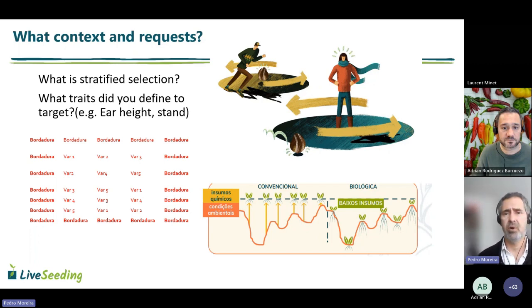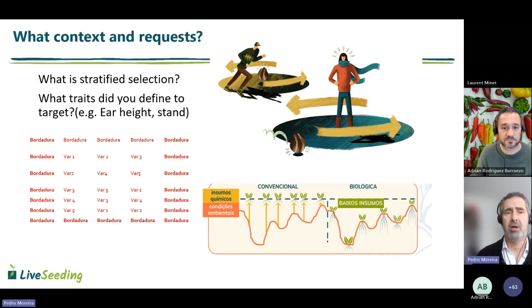For instance, if you want to increase the stand, it means that you will have many more plants per square meter, and if you have diversity in your population, this will happen.